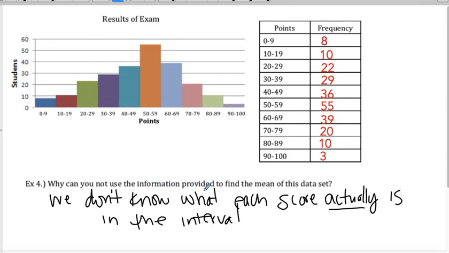Again, we know that we have 8 values in this range, but we don't know what each one is. And so we cannot find the mean.